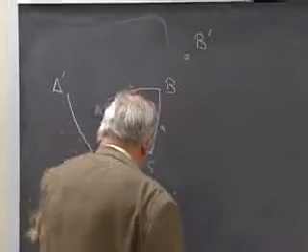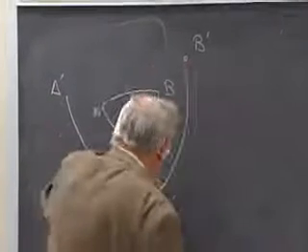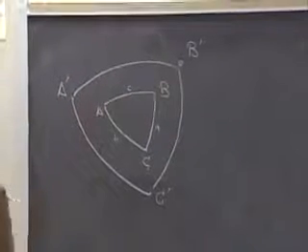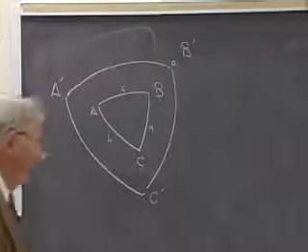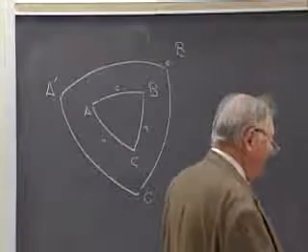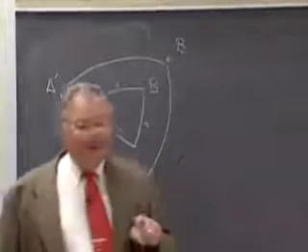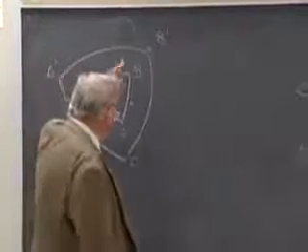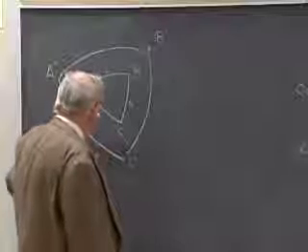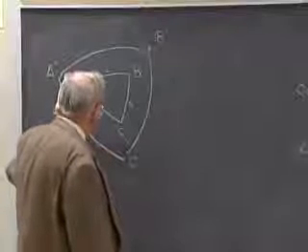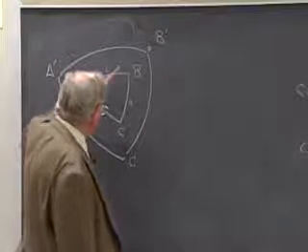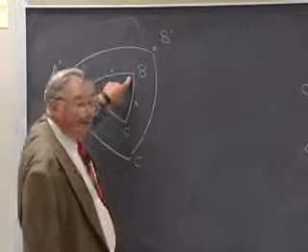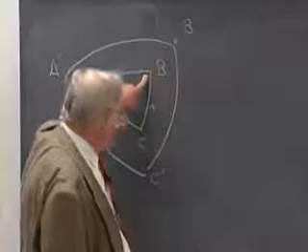And now we can connect together A prime, B prime, and C prime and get something that's called the polar triangle. And now comes the useful part. We said that a curious property of the polar triangle is that the side of the polar triangle plus the angle opposite it add up to 180 degrees. Okay?